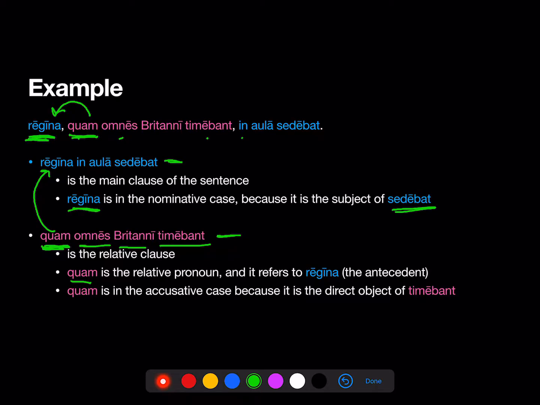Regina is the antecedent. Quam here is in the accusative case because it's the direct object of timebant, whom all the Britons were fearing. All the Britons were fearing her. So that's why quam is in the accusative case.